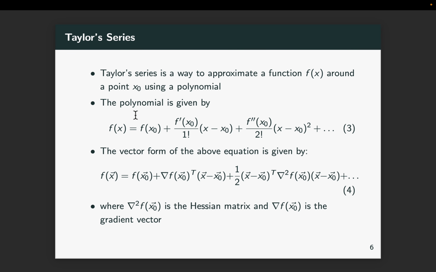The polynomial approximation of the function f of x is the function evaluated at x naught, plus the derivative, one over 1 factorial, into x minus x naught, where the derivative is evaluated at the point x naught, plus the double derivative evaluated at x naught into x minus x naught the whole squared over 2 factorial, etc. Right. So this is showing the degree 0 term, degree 1 term, degree 2 term, and so on and so forth.